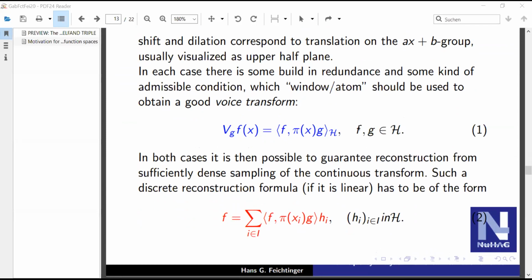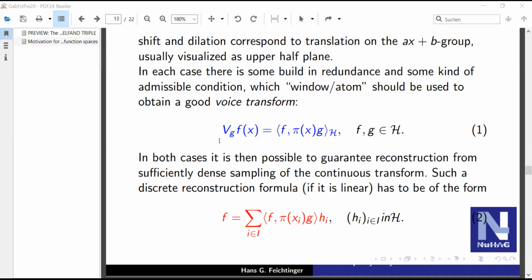Co-orbit theory is a theory which says, well, you have this group action, and think first now of the wavelet transform. You have shift and dilation, and you have your Gabor, your wavelet, and you're doing continuously a correlation, a scalar product in your Hilbert space. So normally that will be L2 with these atoms.